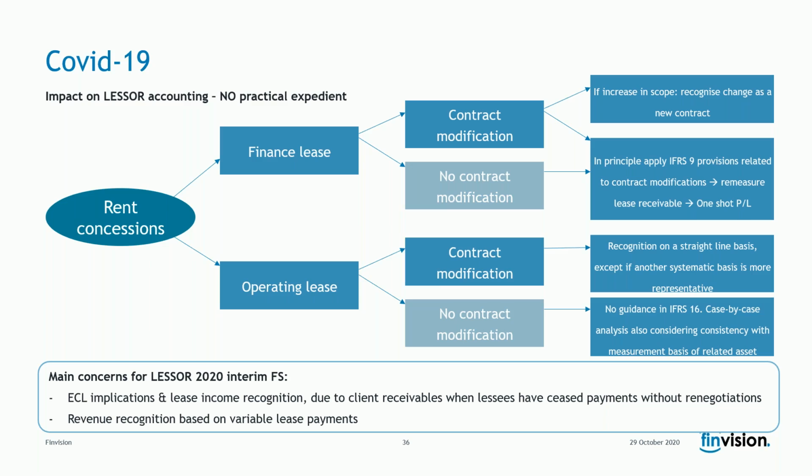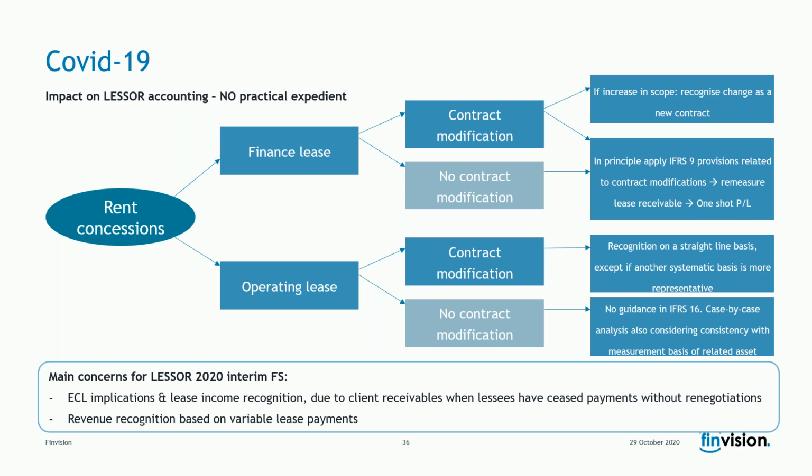And also with regard to the lease income recognition. If a client has ceased lease payments without renegotiations, to what extent can you then recognize your lease income as a lessor? And also the revenue recognition based on the variable lease payments will be difficult. Think, for instance, about lessors that rent out shops or stores.